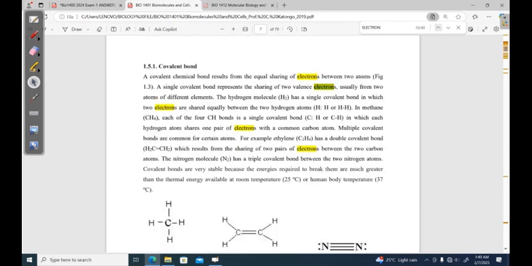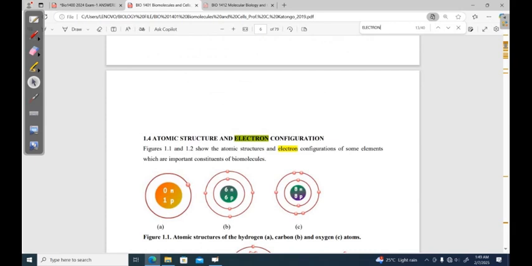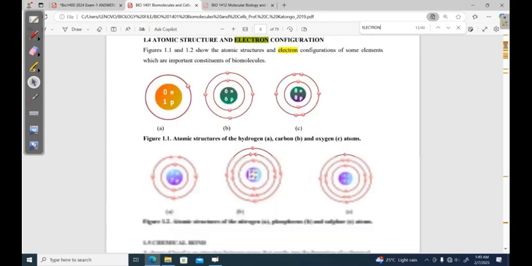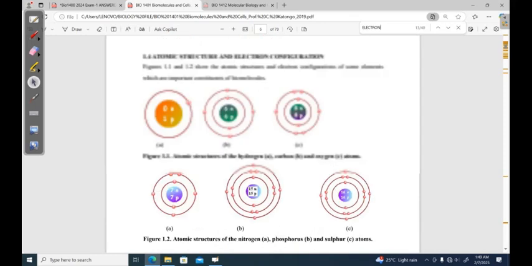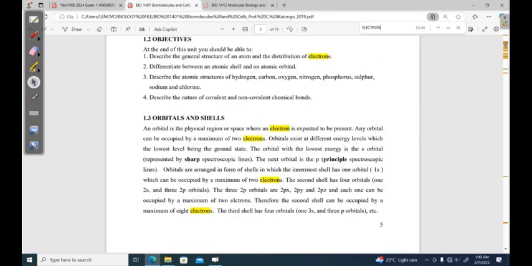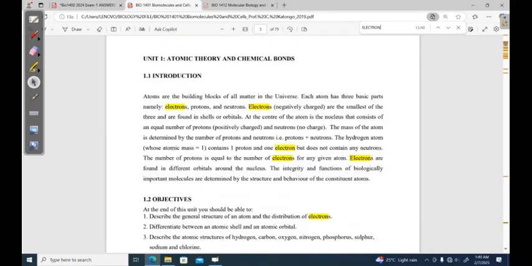This is what's actually going to help us. I'm going to highlight: electrons are negatively charged and the smallest. These are the ones found in the shells or orbitals, and at the center we have an equal number of protons, which are positively charged.